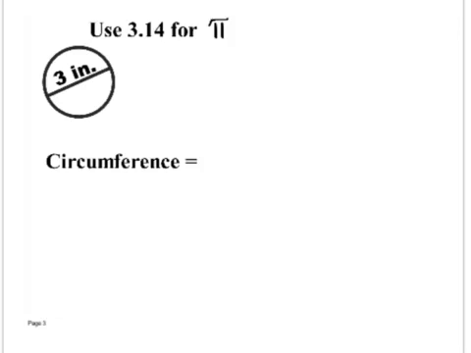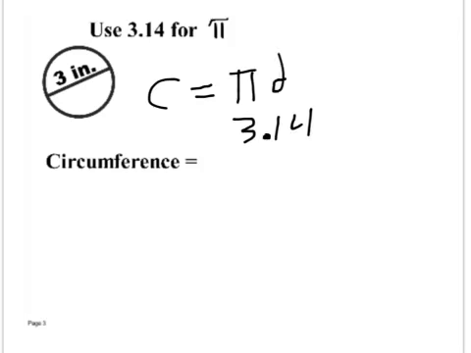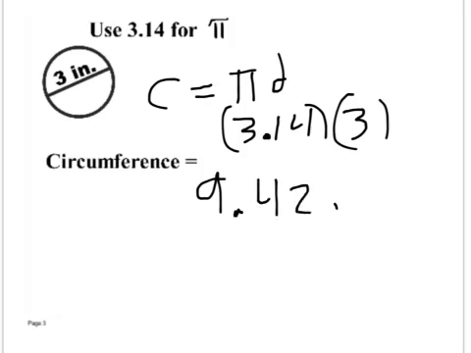So what I do here, circumference is pi d, right? Pi times the diameter. Pi is 3.14. Someone raise your hand and tell me what the diameter is. 3. It's 3. 3 times 3.14 is 9.42 inches.